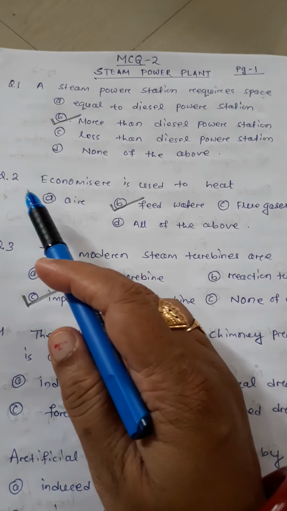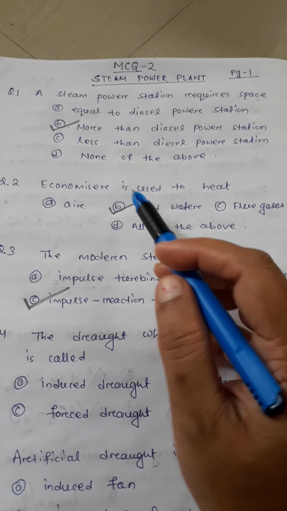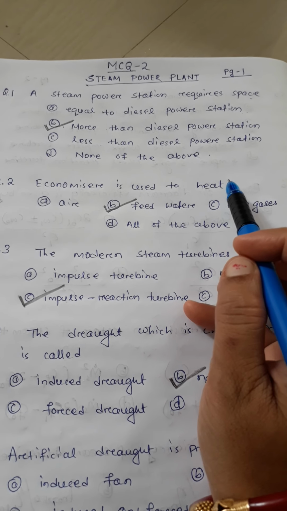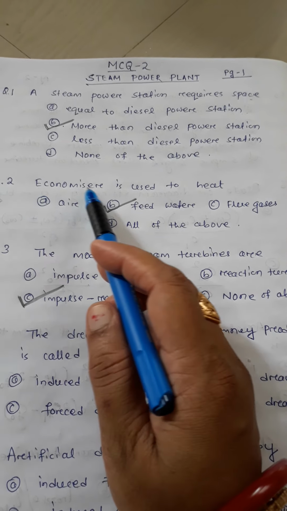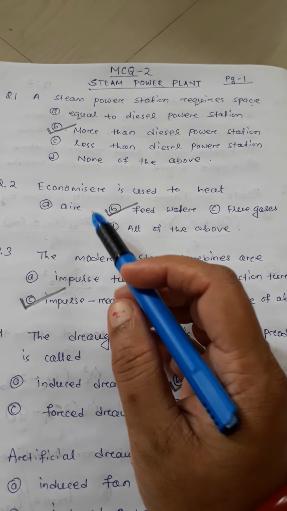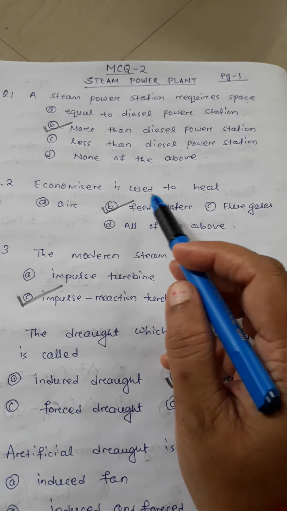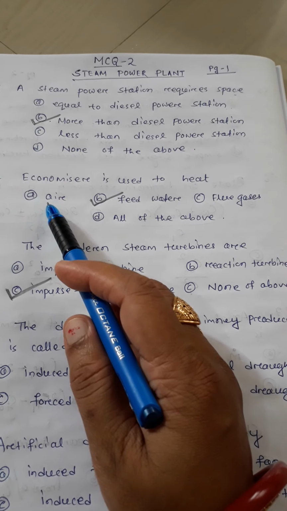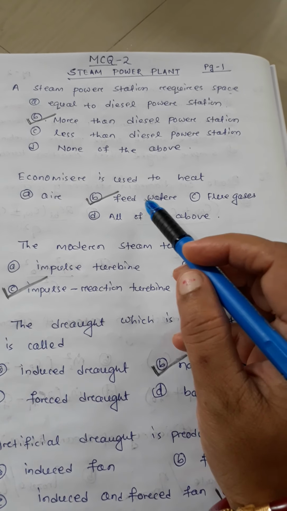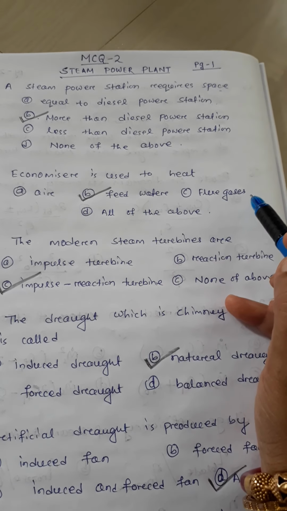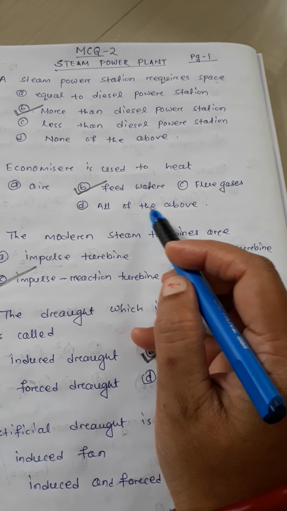Next one, question number 2: economizer is used to heat. As we know, economizer is an accessory of boiler. The options are air, feed water, flue gases, and all of the above.